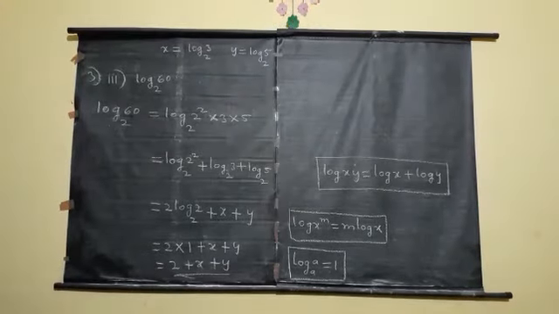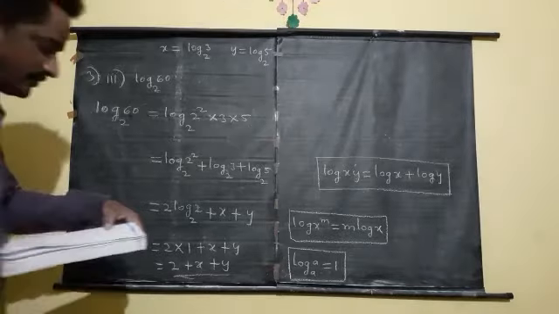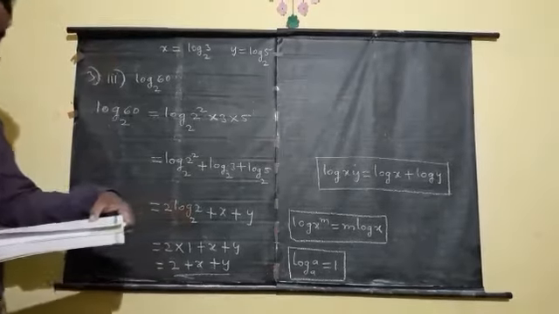Next, the fourth problem: log 6750 base 2.